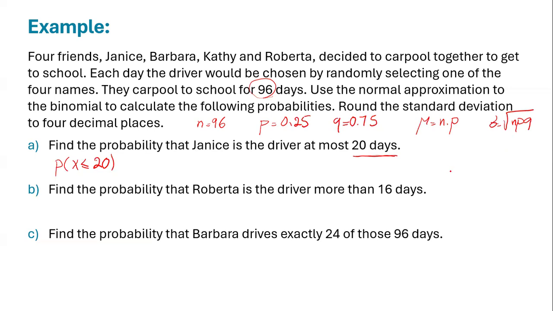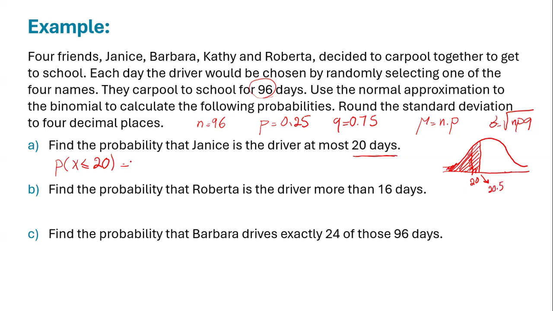Now, if I want to do the continuity correction, if I have a normal distribution, 20 is inside a bar, based on being in a binomial distribution. Less than 20 is this area, but since we have an equal sign, less than or equal to, we include the bar as well. So that is my last point for the interval, and this point is 0.5 after 20, which is 20.5.